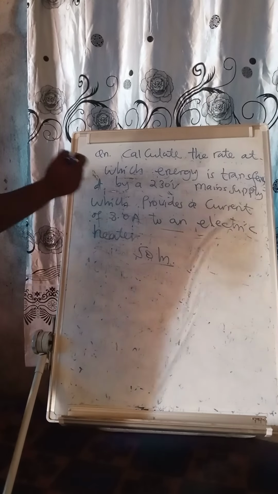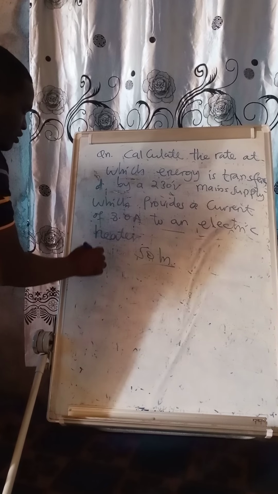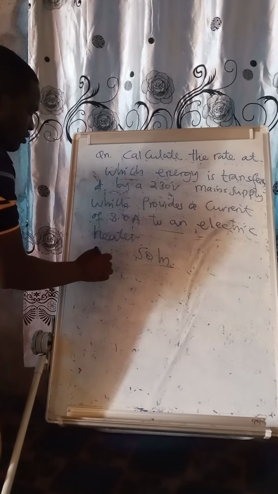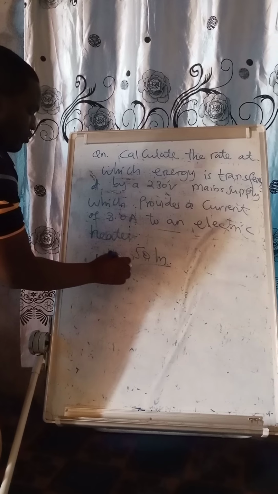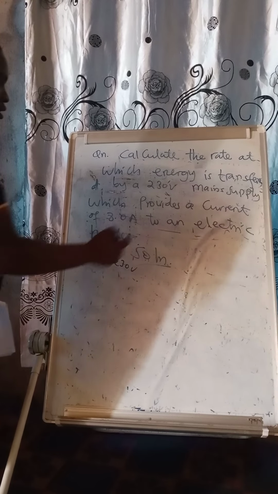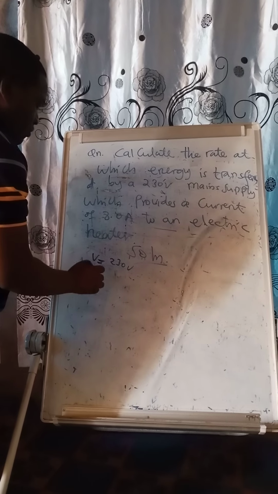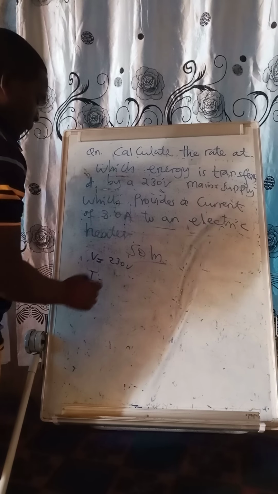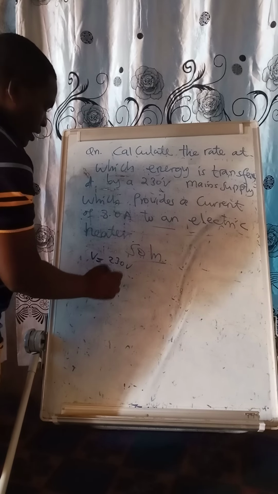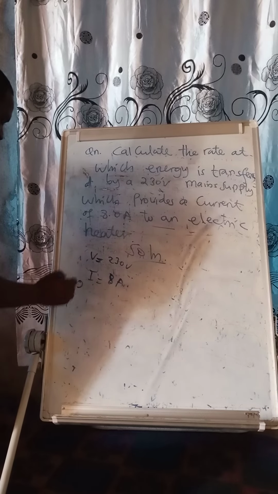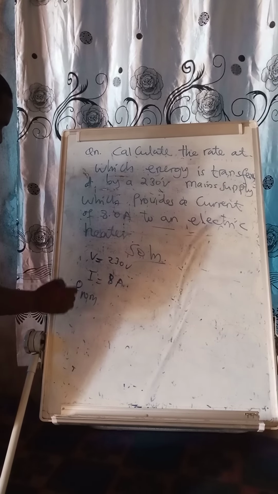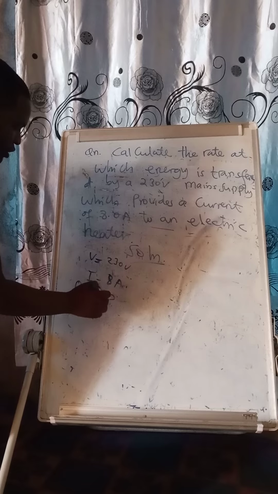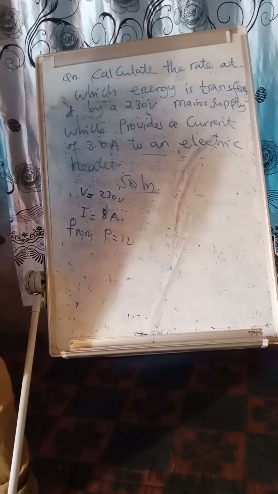What is given here is V, which is 230 volts, and a current of 8 ampere. So P is equal to IV.